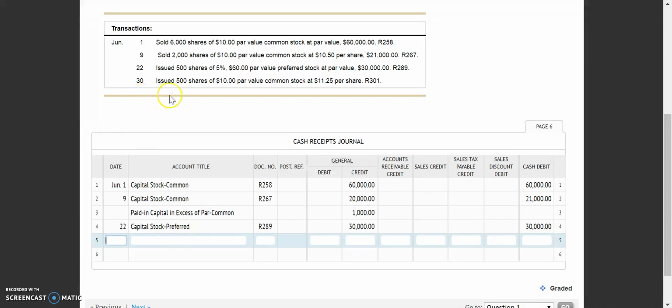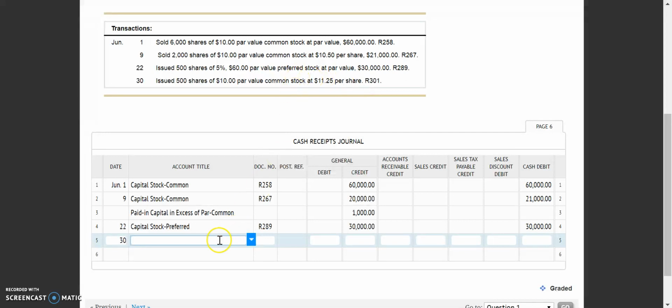And then let's do our last one, which is another one where we are issuing common stock, 500 shares at $10 par value, but we're selling them at $11.25 per share. So let's do our math because they were not as kind to give us the total here. So we're going to have to do a little bit of math in our head, which is okay. We are capable of that.